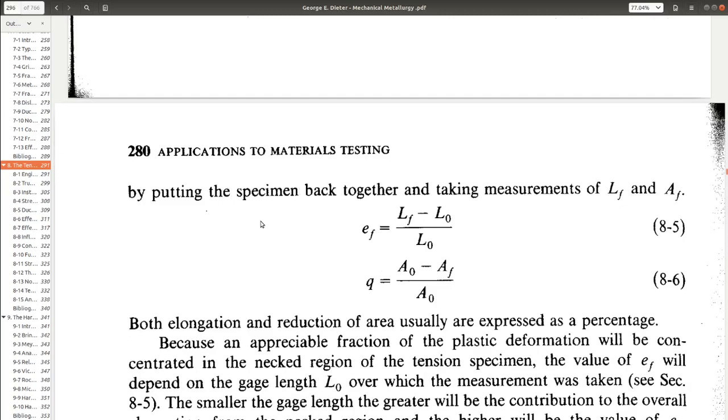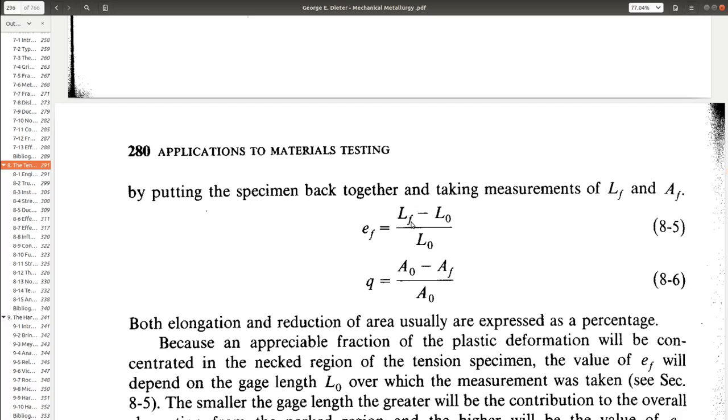It is measured using this formula: EF equals LF minus L0 divided by L0, where L0 is the initial gauge length and LF is the gauge length at fracture.